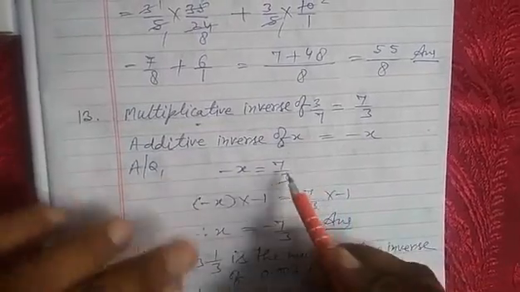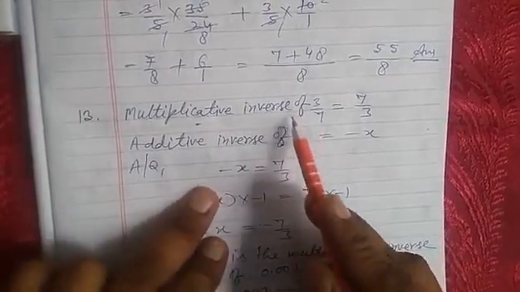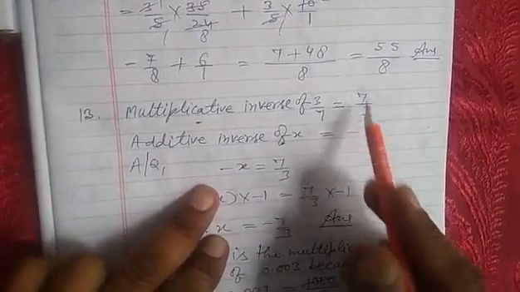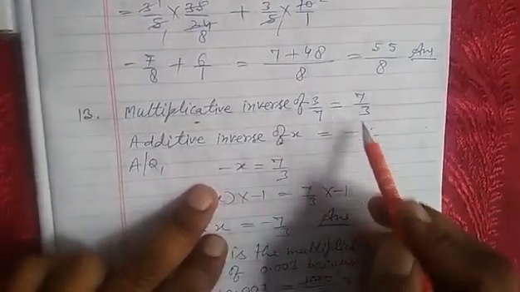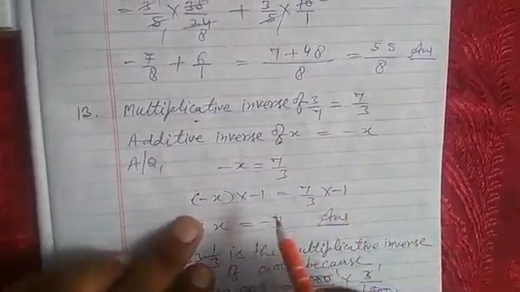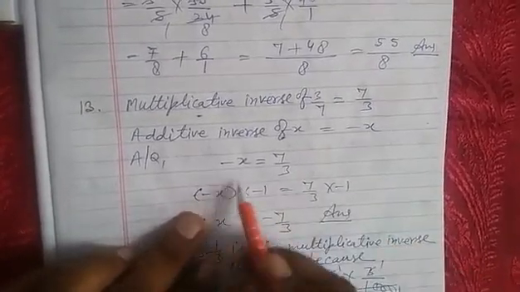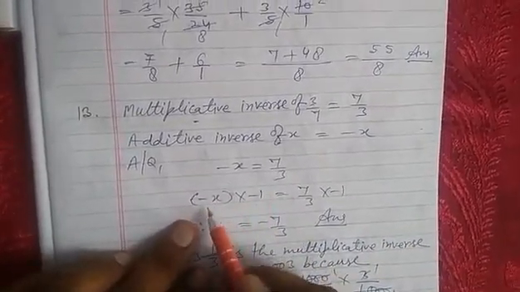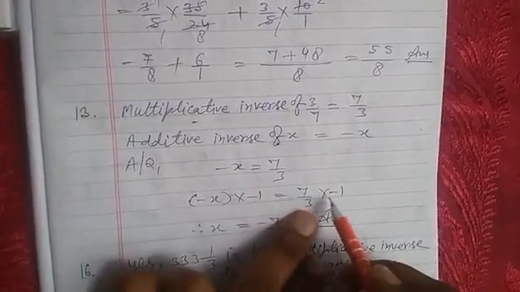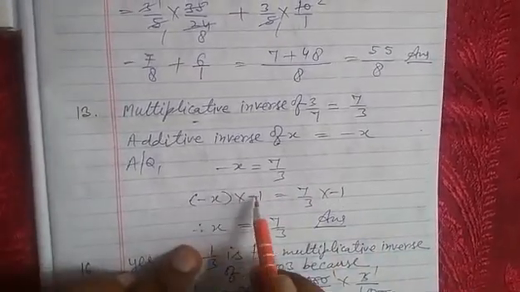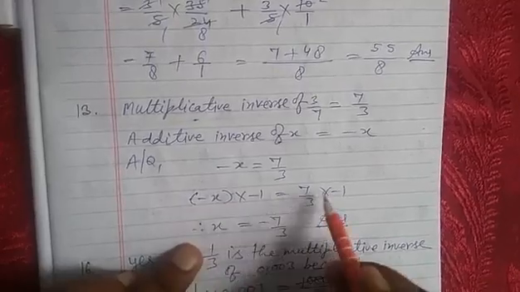According to the question, the multiplicative inverse and additive inverse are the same. Therefore minus x is equal to this one. We multiply LHS and RHS by minus 1. We get minus x into minus 1 is equal to 7 upon 3 into minus 1. Minus into minus is plus. It means x is equal to minus 7 upon 3.